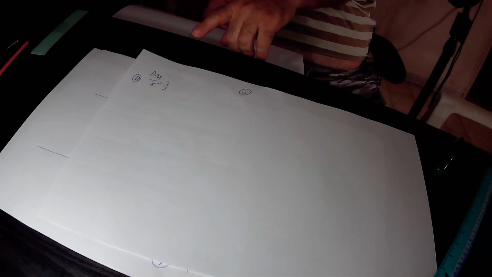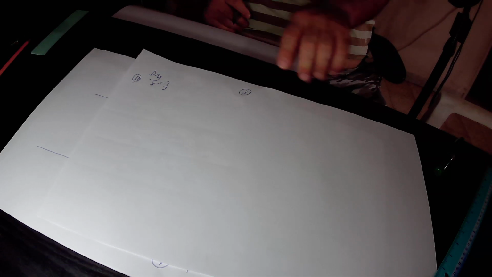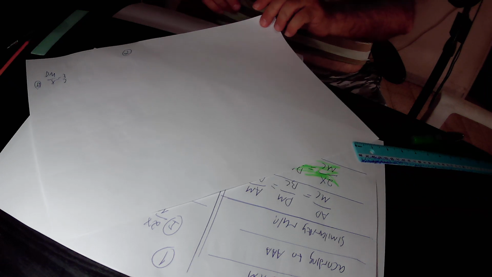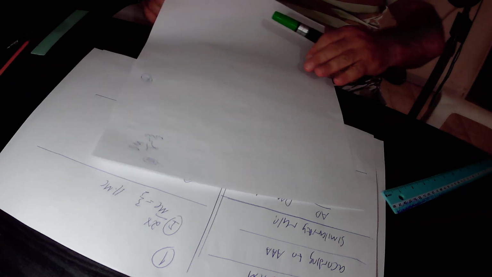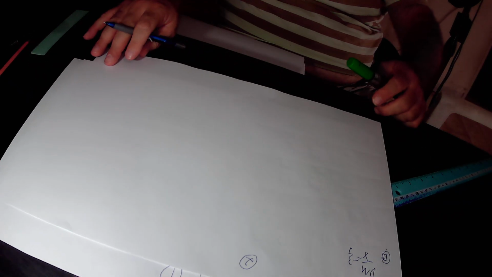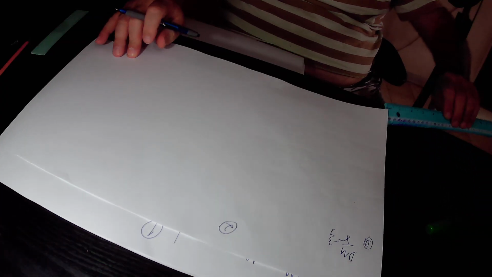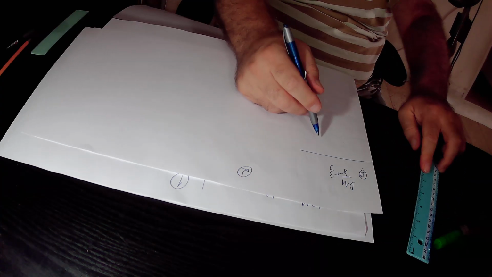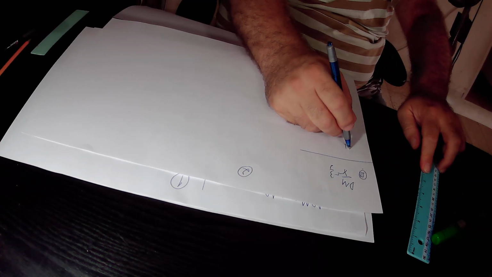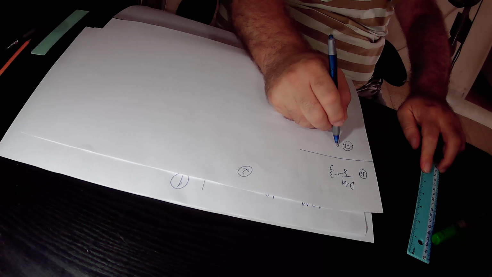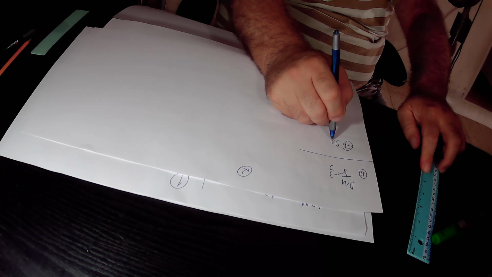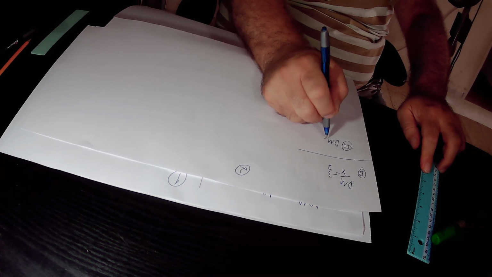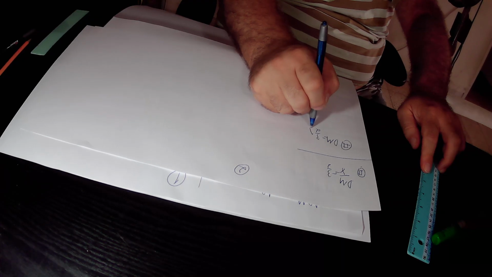Here we multiply equation 2 by x, and we get that DM equals 3 halves times x.